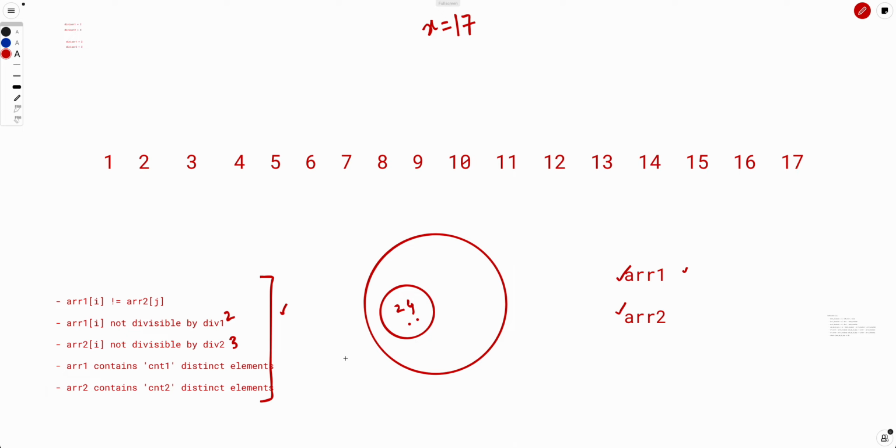So now there will be integers which are divisible by div 2 as well, right? So let's just build a circle for them as well, right? Now I made this circle intersect. Now why did I make this circle intersect? The reason is there will be integers which are divisible by both div 1 and div 2, right? So this area denotes all those integers, right?